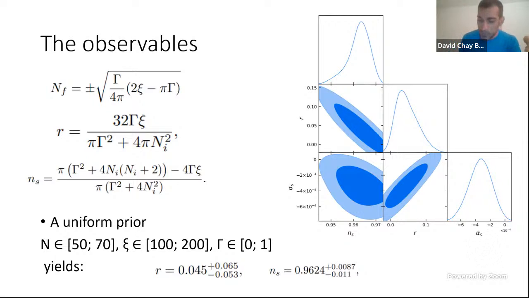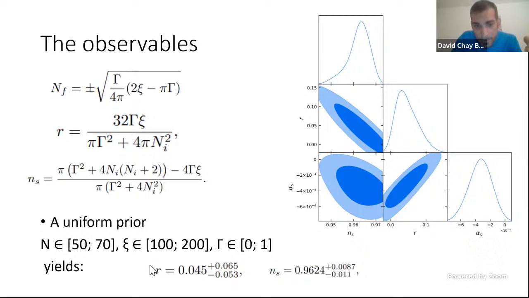I wanted to see what happens if I have a uniform prior for very large values of the number of e-folds, and also a prior for psi and gamma, meaning a very large range of possibilities for the initial parameters.